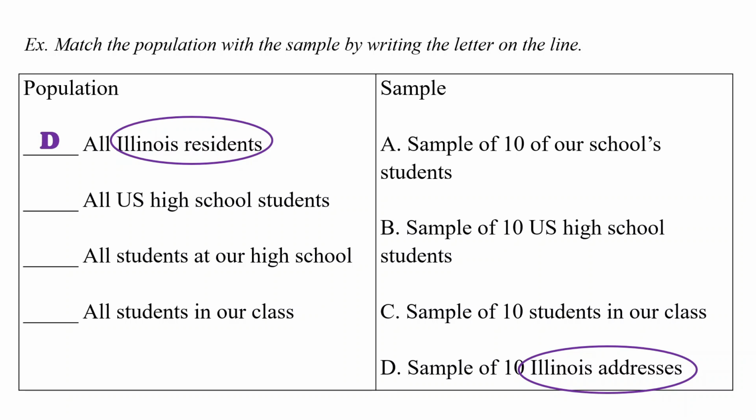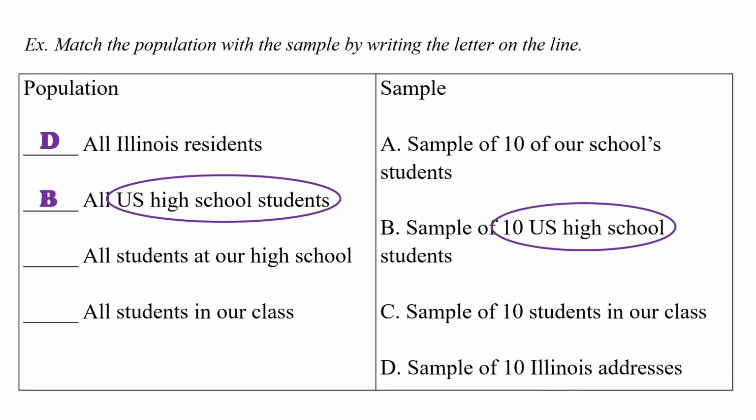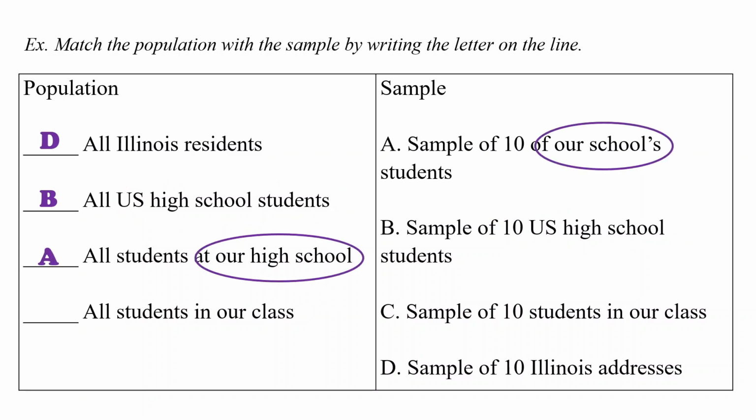We want the sample to be representative of our population. So if we look at all U.S. high school students, we want to select a sample that comes from all possible U.S. high school students. So for B, if I take a sample of 10 U.S. high school students, that's going to represent the larger population of all U.S. high school students. If I wanted to look at all students at our high school, and if that was my population, then my sample should be 10 of our school's students, right?